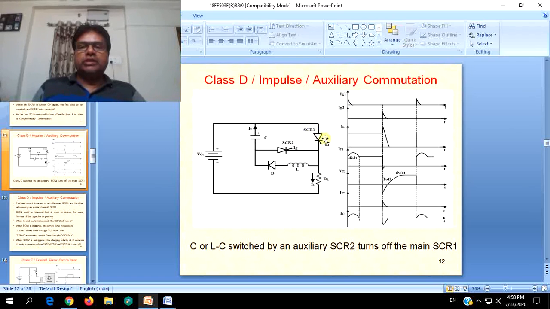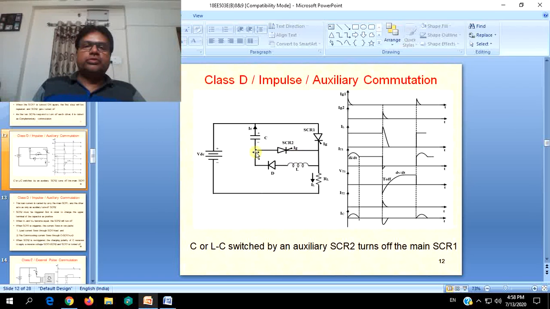The main SCR, SCR1, is the actual SCR which will be carrying the load current for most of the time, and the auxiliary SCR is shown as SCR2.